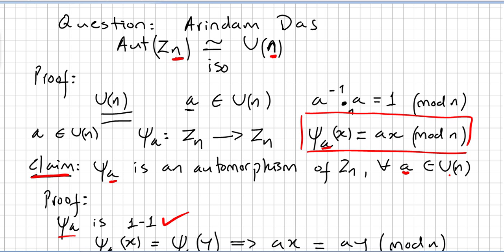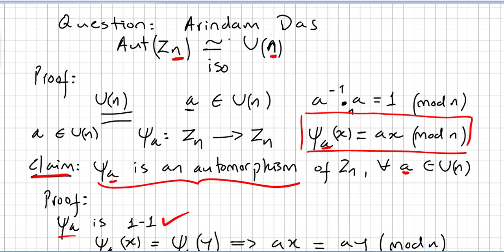We proved that psi of a is injective, one-to-one, surjective, onto, and operation preserving. So it is proved that psi of a is an automorphism of Zn.